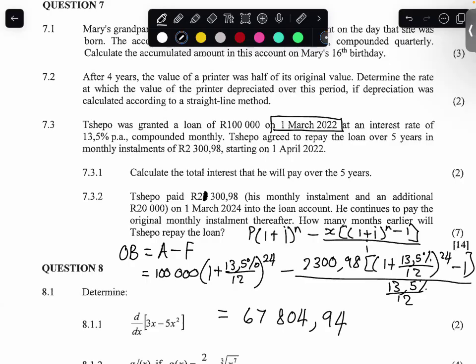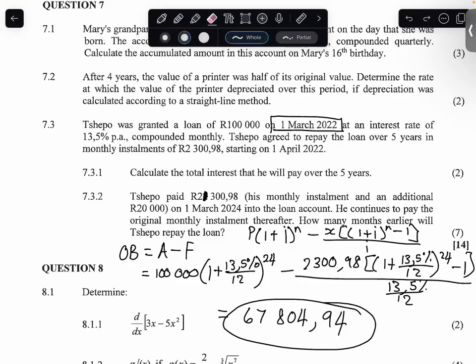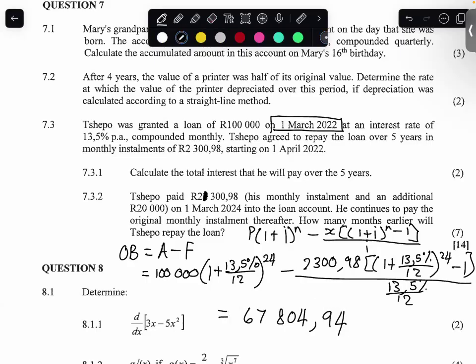Now, this amount is the amount outstanding after the first 2 years of him paying 2,398 cents. Now, before he makes this payment on the 1st of March 2024, I calculated the outstanding balance and said, okay, if he were to pay the 20,000 Rand now, this outstanding balance on the loan would no longer be 67,804 and 94 cents.